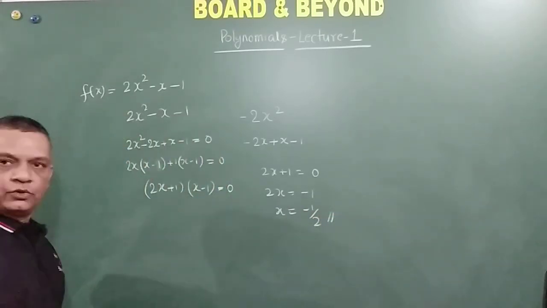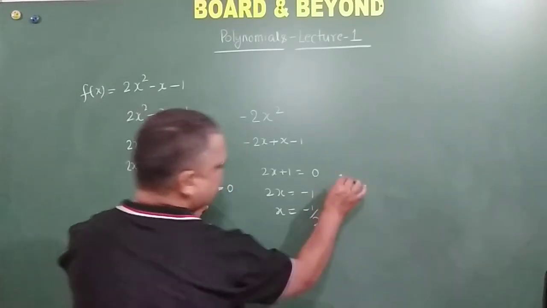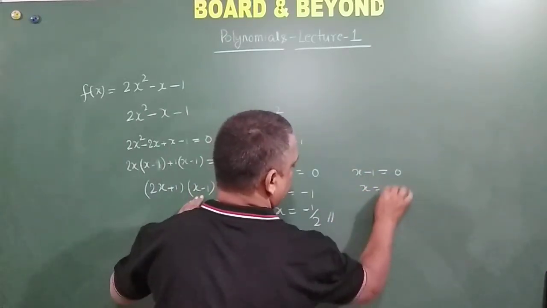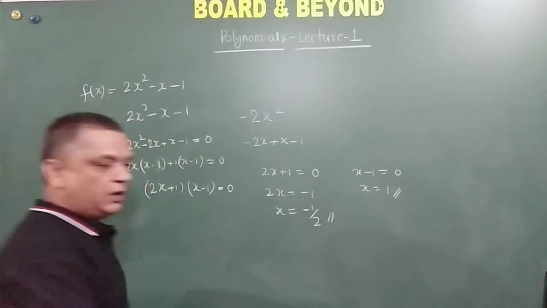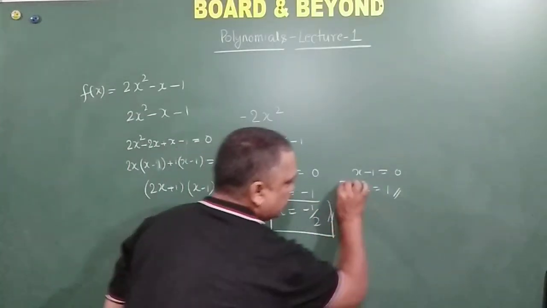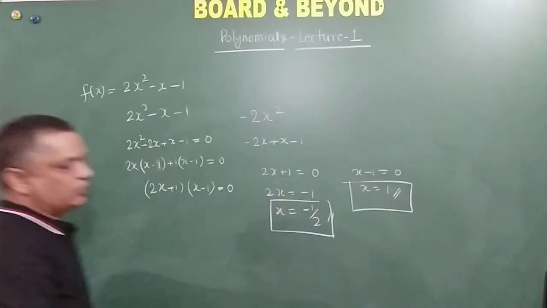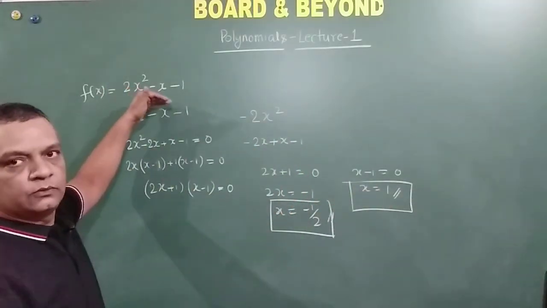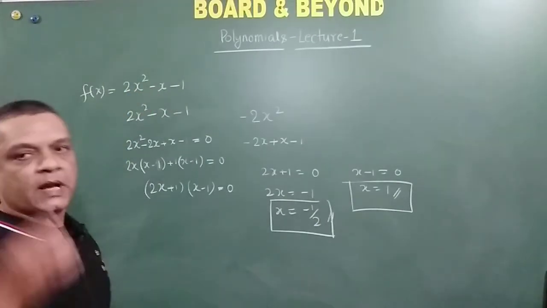This is one of the roots. Then x minus 1 is equal to 0, so x is equal to 1. This is another root. So for these two values of x, the value of this polynomial will become 0.